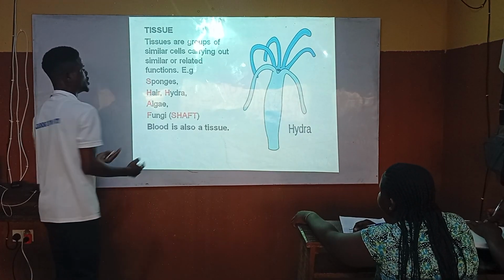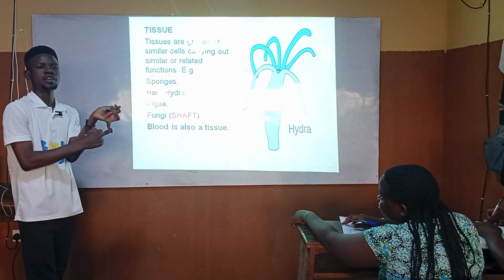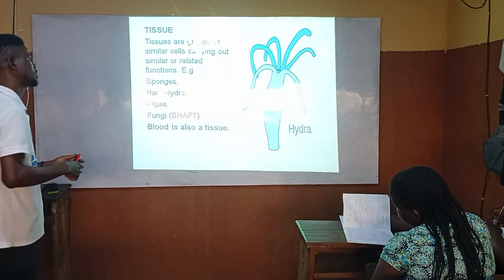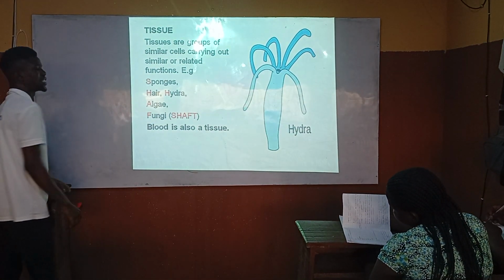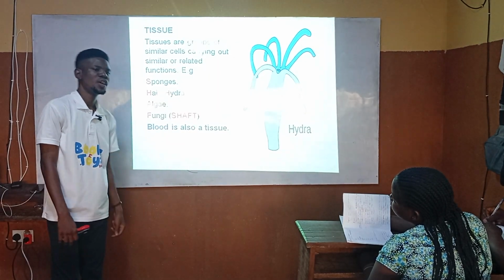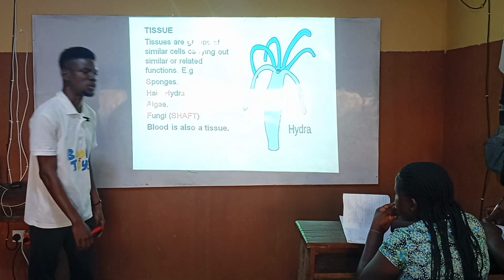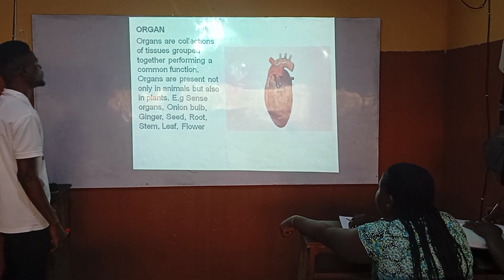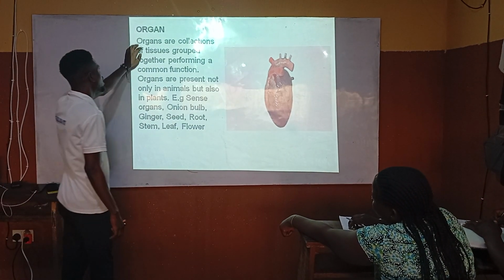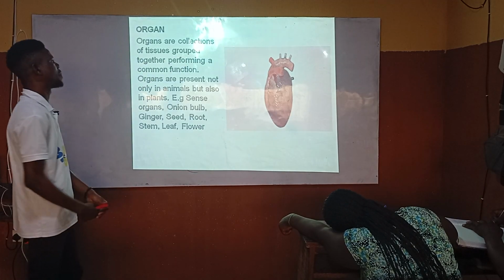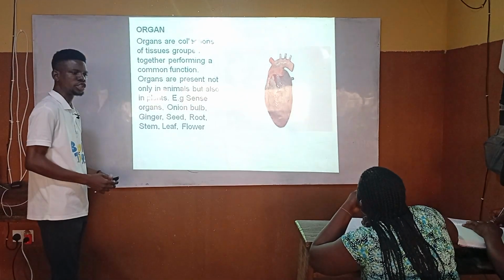Okay, so after tissue, what should be the next one? Talk about organelles, cells, tissue. What's the next? Organ now. So you can see that organelles are part of a cell. Organs are not part of a cell. Organs are bigger than organelles. So let's check organs now. Organs are collections of tissues grouped together performing a common function.